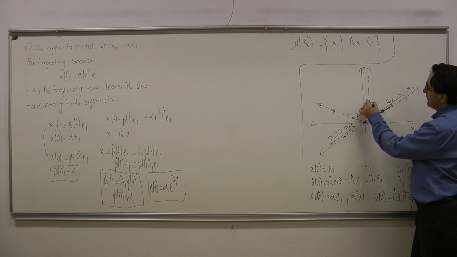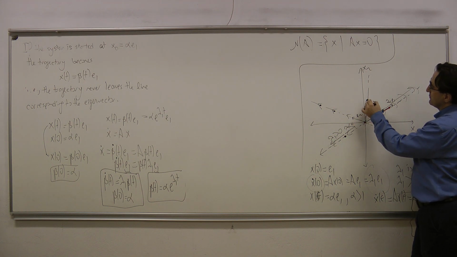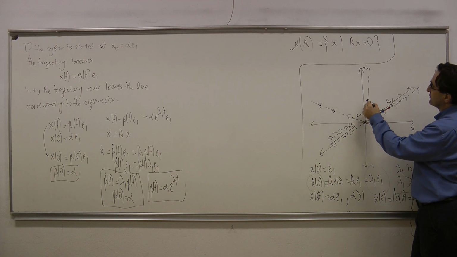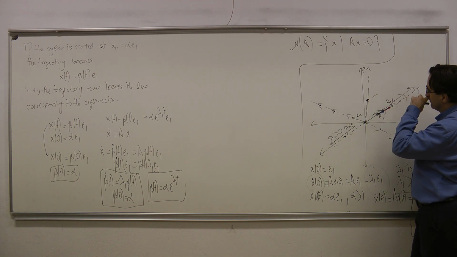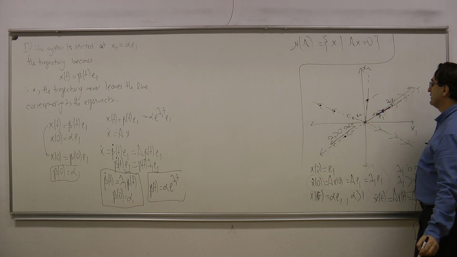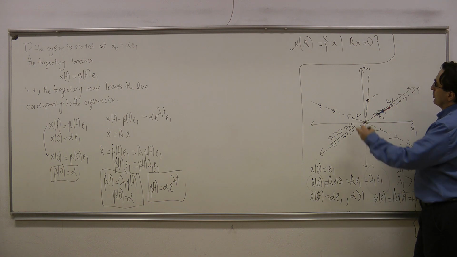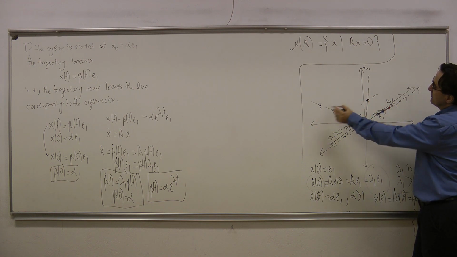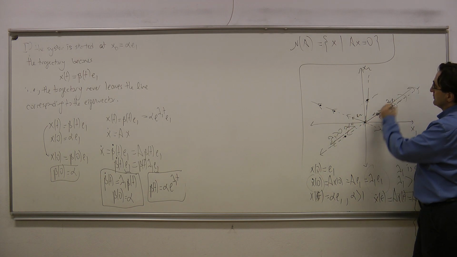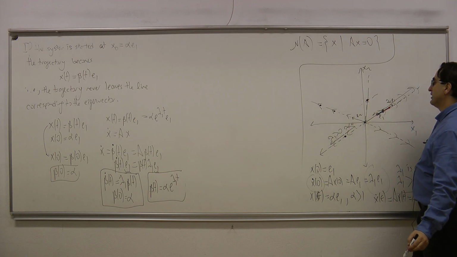So if I start the system on this line, then at a future time instance the state might leave this line, because the line does not correspond to any eigenvector. So the motion not on these lines would be slightly more complicated than the motion on these lines.